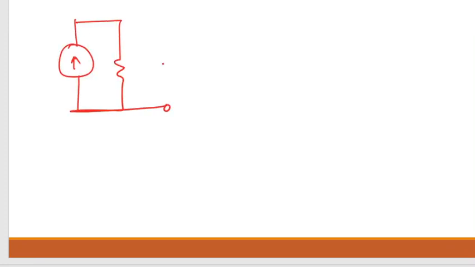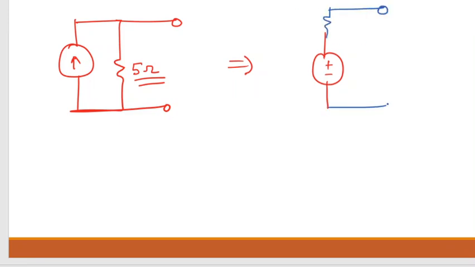Now the next thing: can we convert the current source into a voltage source? Yes. Again, the same resistor which is connected in parallel to the current source gets connected in series with the voltage source. We can draw it like this or like this; it doesn't matter because both are in series with the voltage source.